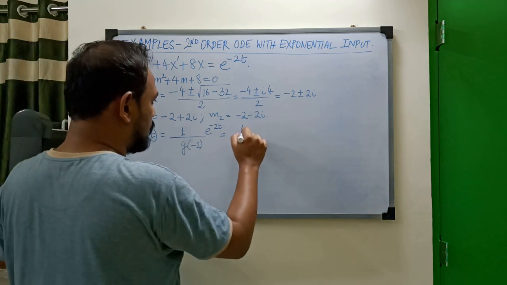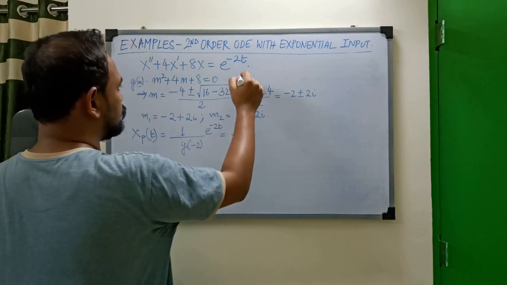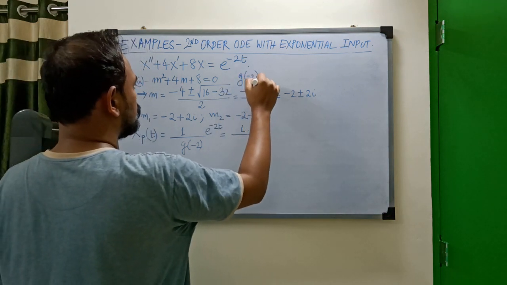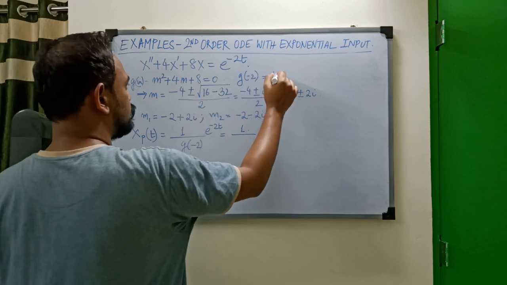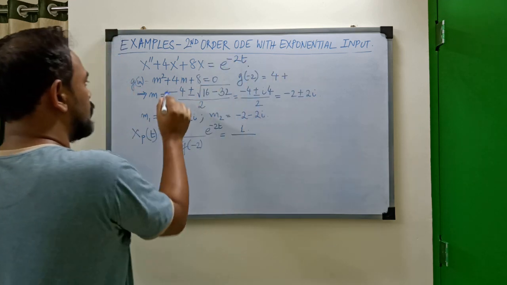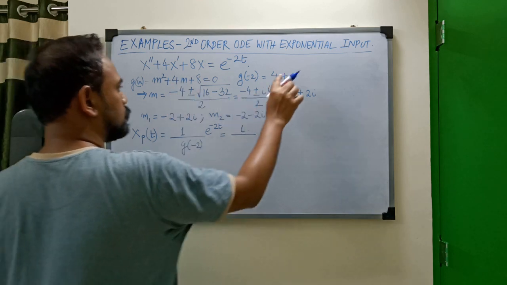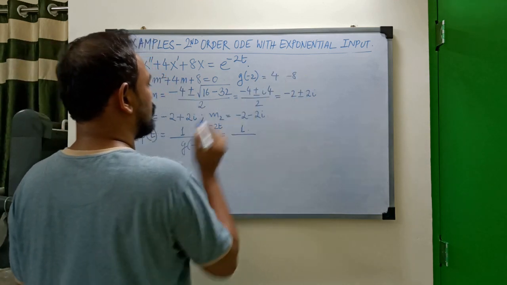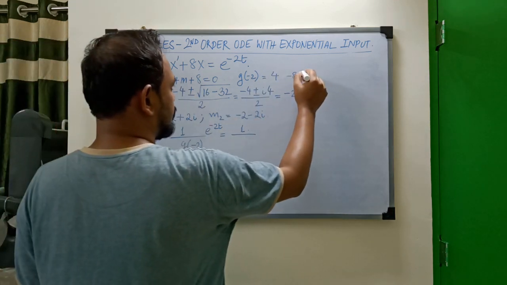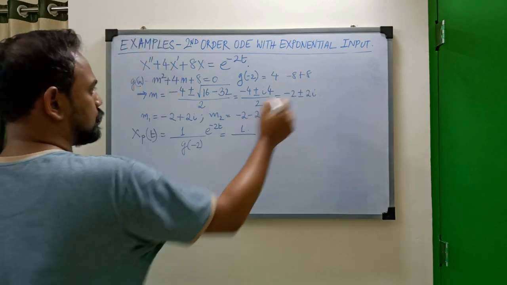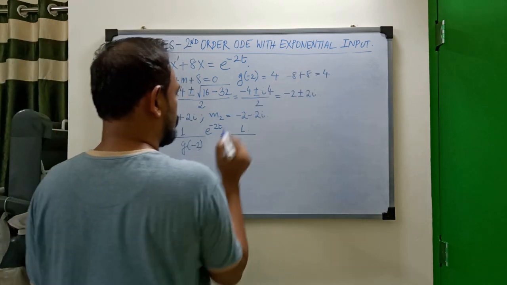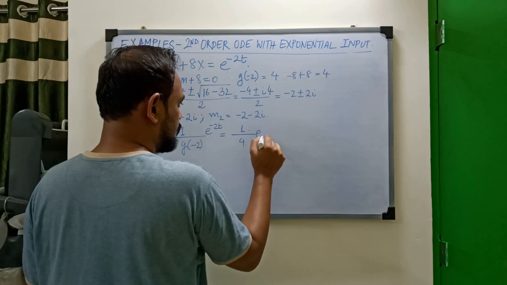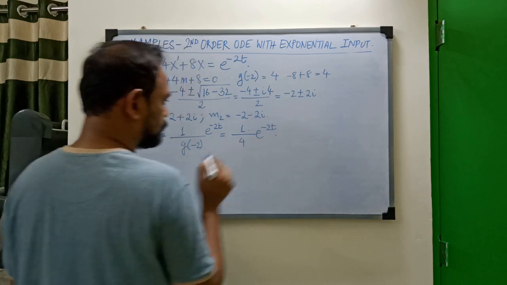You have 1 by g of minus 2: minus 2 squared is 4, then plus 4 times minus 2 is minus 8, and then plus 8. So that's just 4. Okay, so e to the power minus 2t over 4.